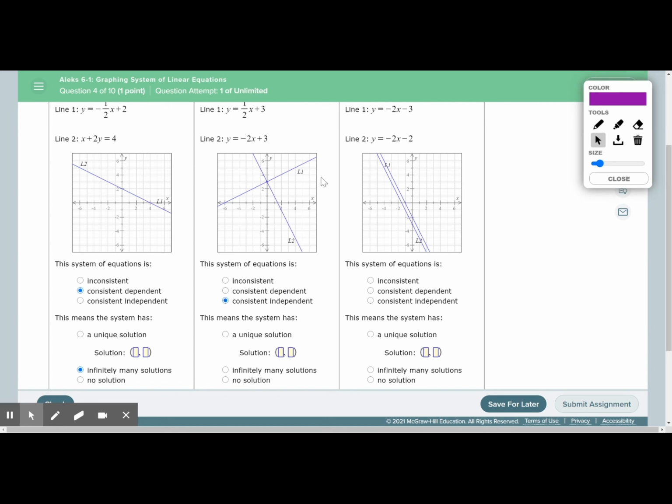The solution is where they cross, so in this case, it's 0, comma 3. Over here, they're parallel, which means it's inconsistent because they don't cross, and it's no solution, again, because they don't cross.